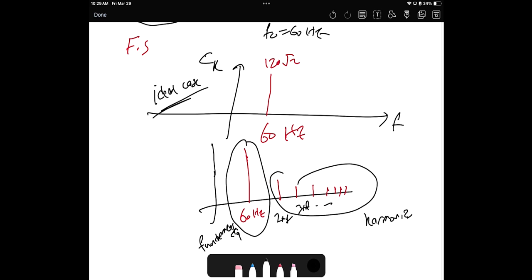While in real life, not everything is ideal. So we need to try to filter out these harmonics. There is also something that you will discuss later in communications, like low pass filter, high pass filter, band pass filter. Basically, we would like to pass only the desired thing, the fundamental, while the others are harmonics.